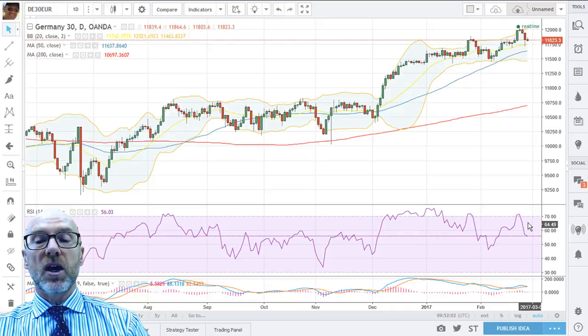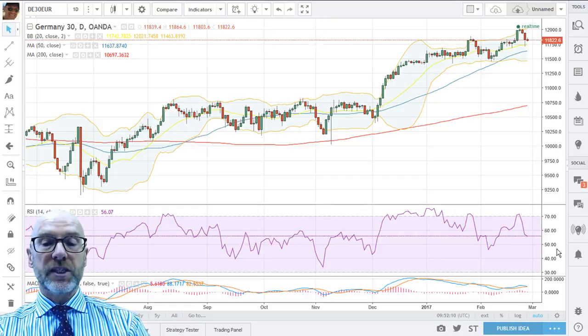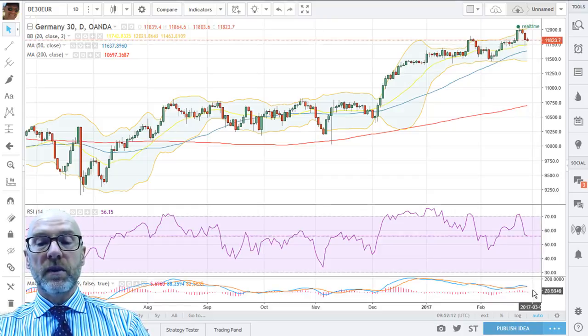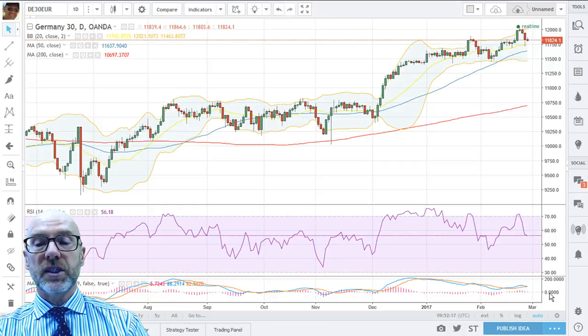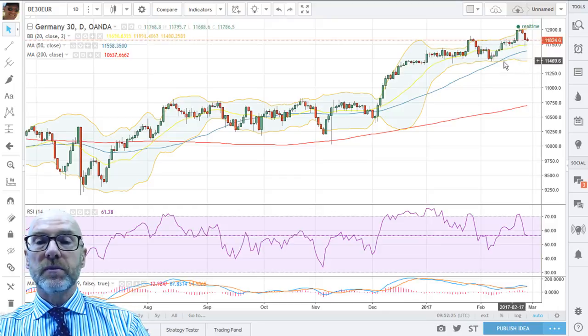Again, the RSI has dipped down, still above 50, but showing a break in the upside momentum, and the MACD as well have converged and are showing that the upside momentum is declining. You could draw an uptrend through these levels from December, and we're still in that uptrend.